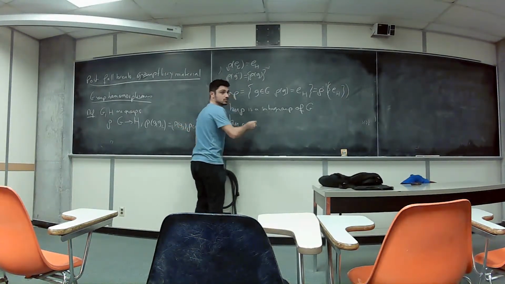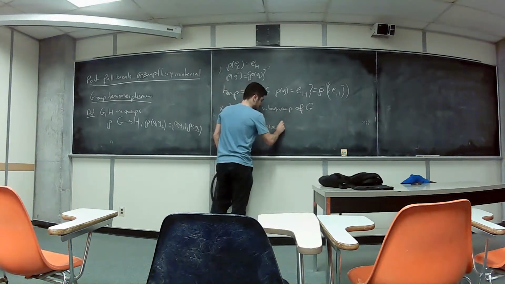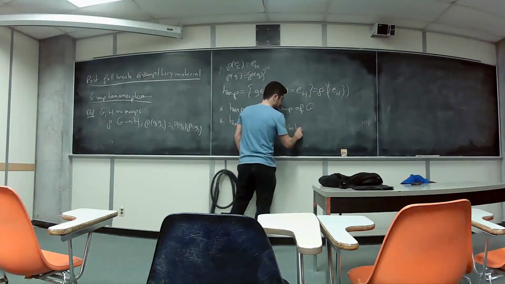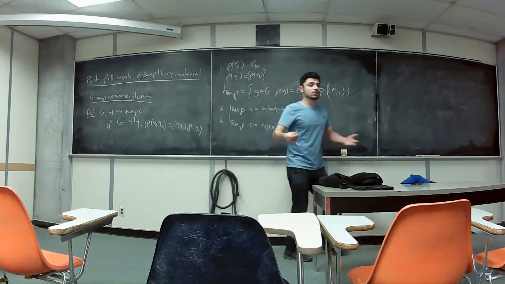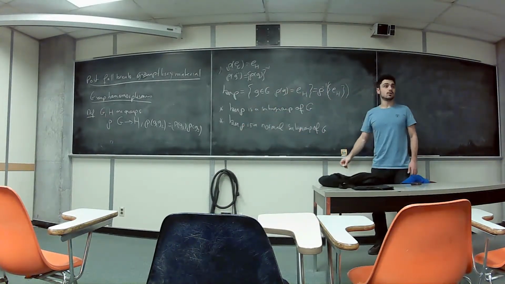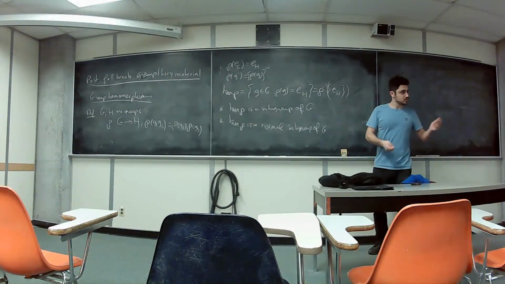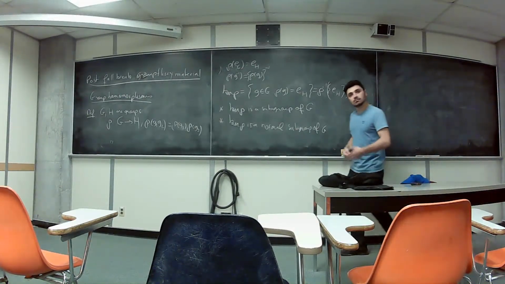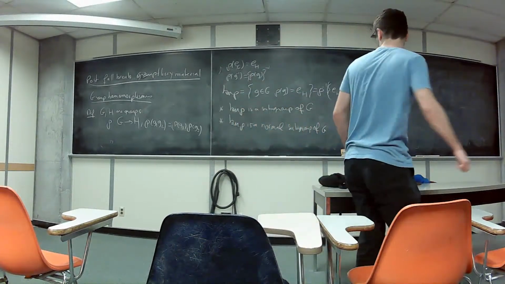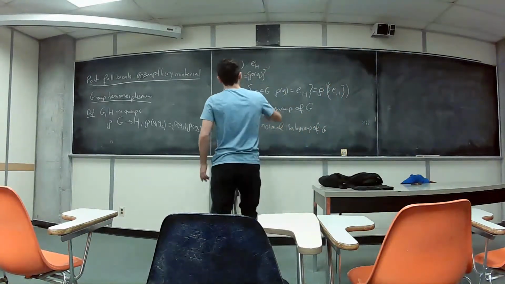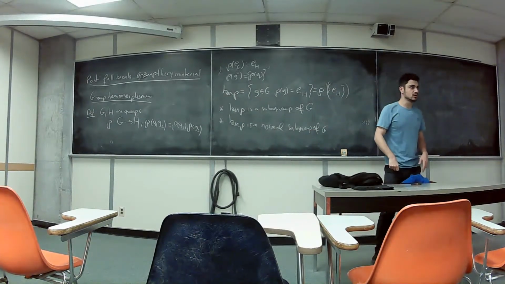If you want me to prove these short proofs, I can do them now. For example, one question on the final could be: prove that the kernel of a group homomorphism is a normal subgroup. That's easily 10 points. Very easy, it doesn't have to be very long. Things like that could be short questions, just to make sure that you know how to do them.